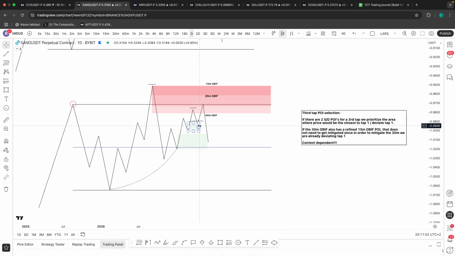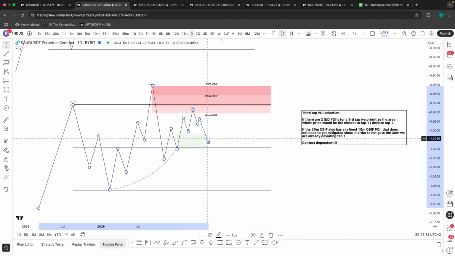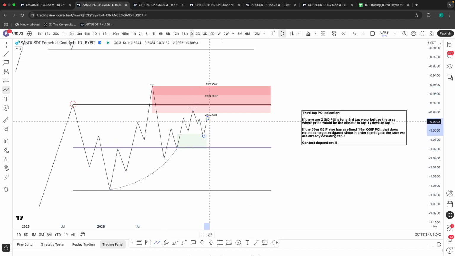You know, if it's not that obvious, then you want to be more picky with your entry. And therefore, if price taps into there, maybe you can get that move down to this region before eventually having another leg up right there to mitigate that refined 30 block to then truly get that reversal back down.